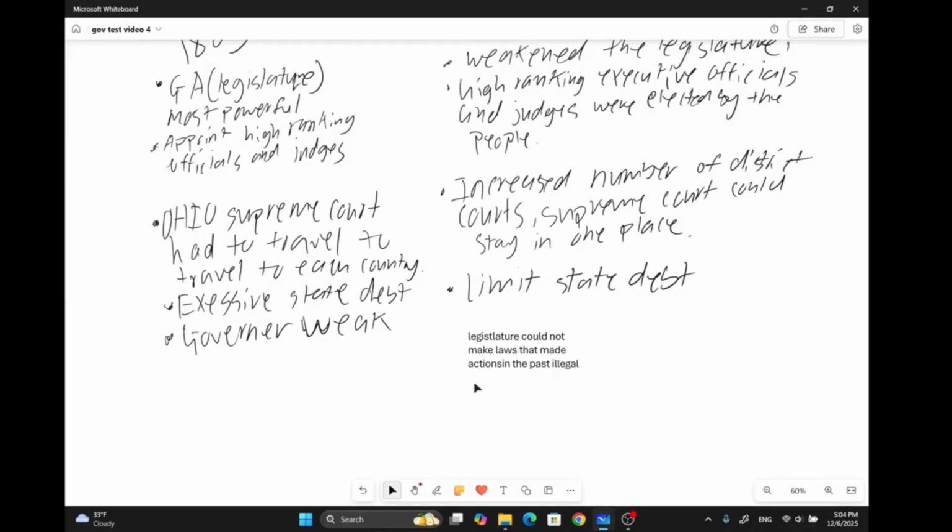And then also stated that every law and every citizen had equal laws. The legislature could not be selective or discriminate against a community or citizens.